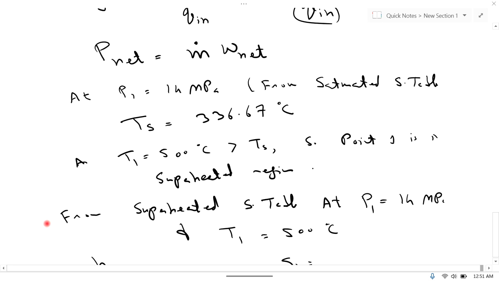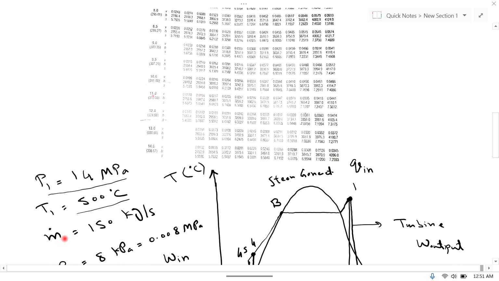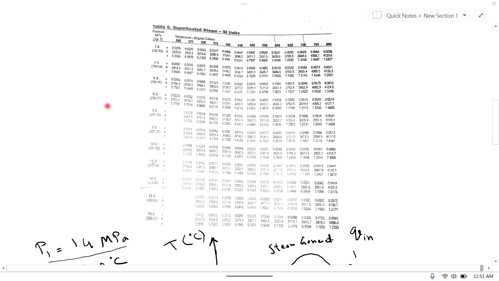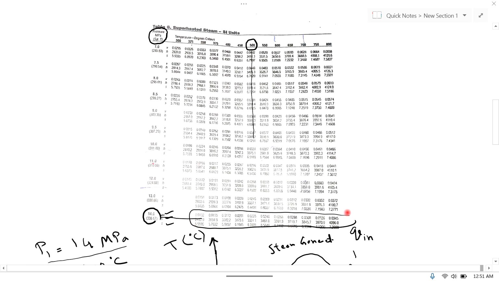This is the superheated steam table, this is pressure in megapascal, and this is temperature in degrees centigrade. This is 500 degrees centigrade, and this pressure is 14. This is specific volume, this is enthalpy, and this is entropy, with values for enthalpy, specific volume, and specific internal energy.